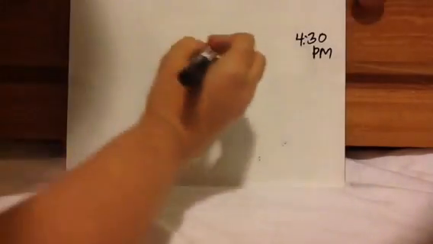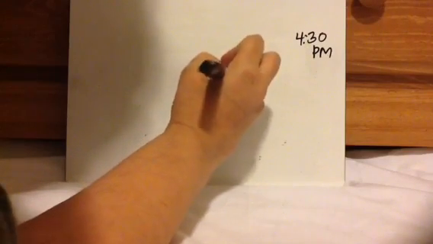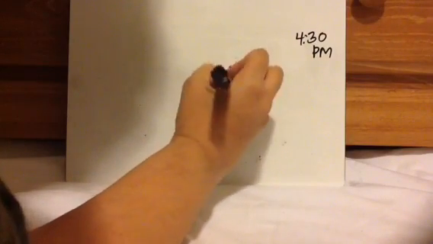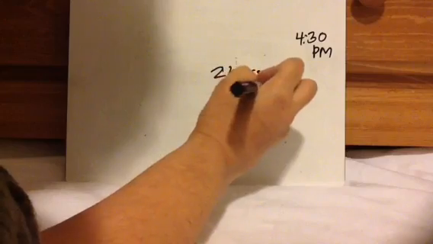Let's look at another example, and let's look at it going backwards. So let's say my ending time was 4:45, or actually let's stick with 4:30. And the activities, so I finished the activities at 4:30 p.m. It took 4 hours and 30 minutes.